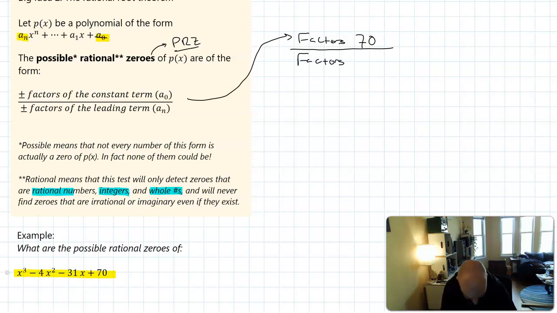In this case, the leading coefficient was 1, so it's going to be factors of 1. We do think about the factors of 1 as 1 or -1, so there are 2 factors of 1 in this case. And if there are other numbers out there, you just stick the other numbers in there with your PRZs.